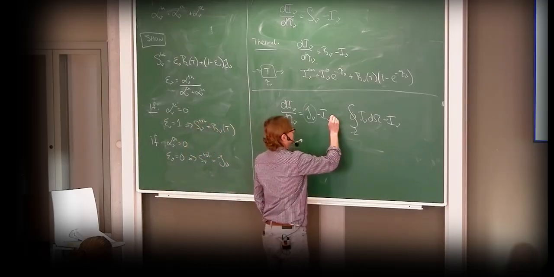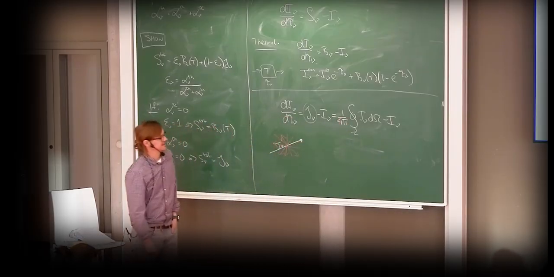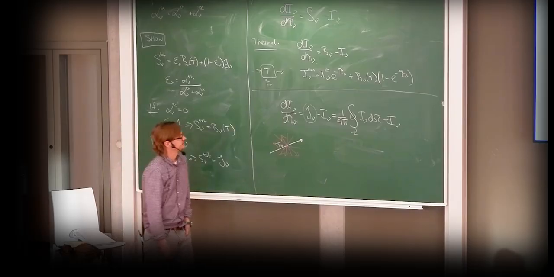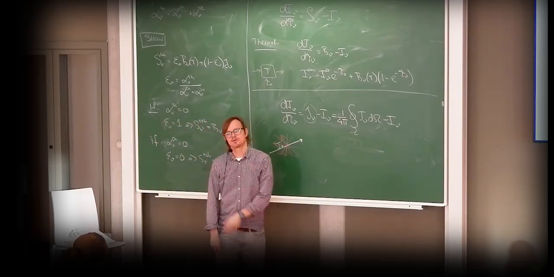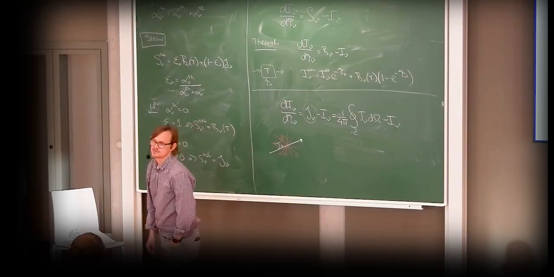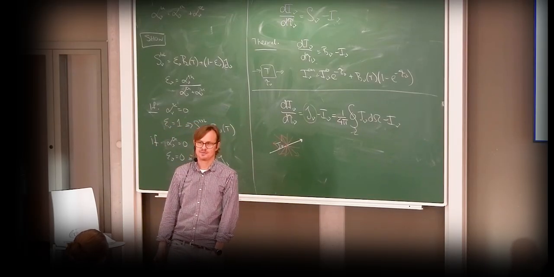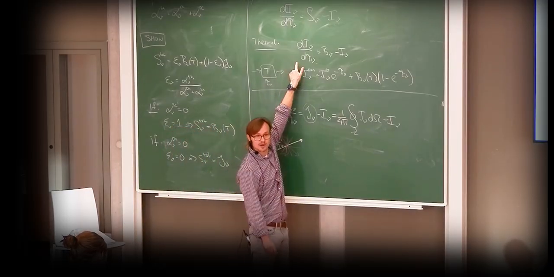Yes, I forgot the 1 over 4 pi in the definition, thank you very much. This is typically called an integro-differential equation in mathematical analysis. It's much, much harder to solve than this problem.